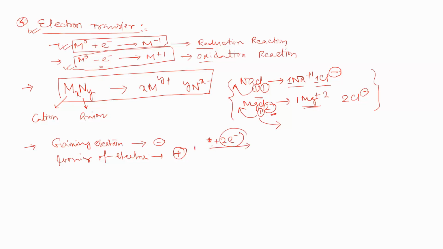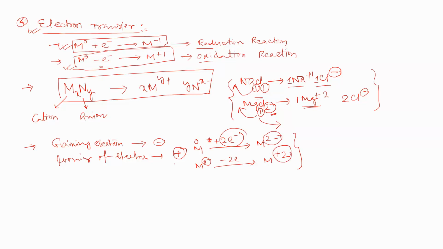Suppose it is M plus 2 electrons, so M has a 0 oxidation state, but it is gaining 2 electrons, so the oxidation state will be M2-. Similarly, suppose M0 loses 2 electrons, then the oxidation state will be M2+.